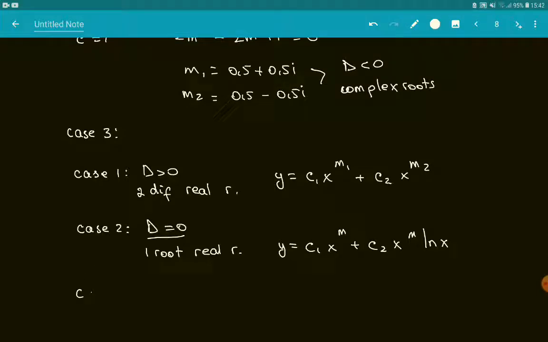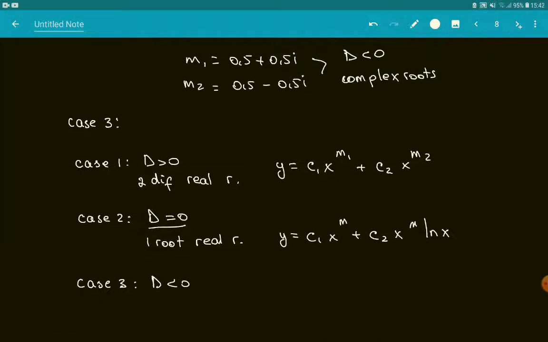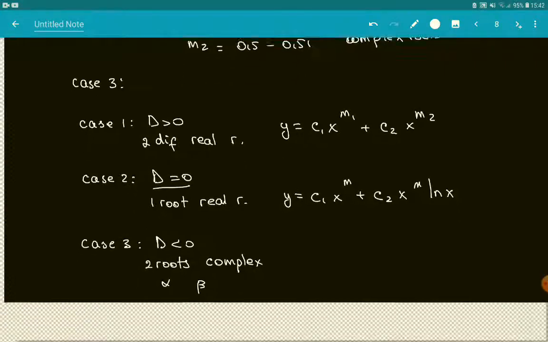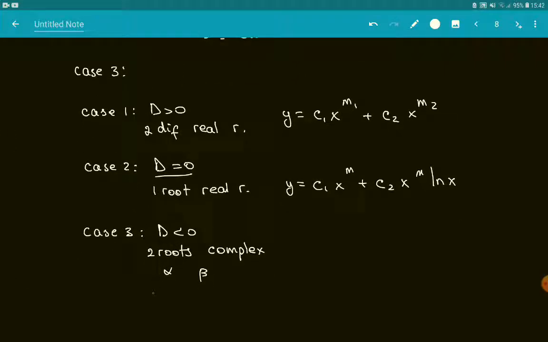Let's go to the third case, case 3, where the discriminant is less than 0. Then we have two roots which are complex numbers. From the roots we can find alpha and beta, if our root is in the form alpha plus beta i.